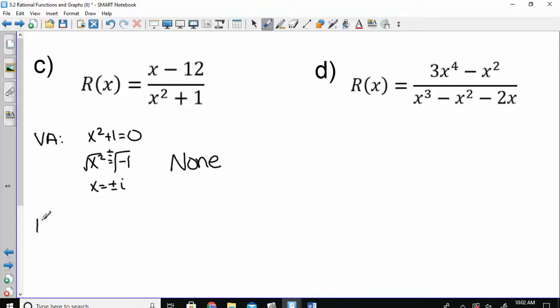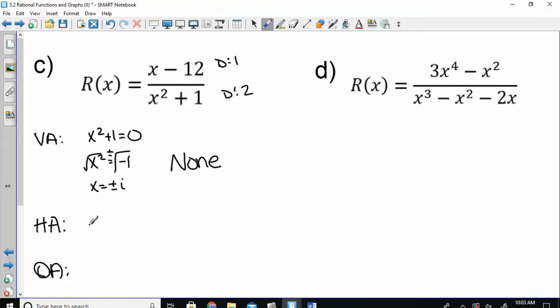All right, now we need to decide if it's a horizontal or an oblique. What's the degree of the top? 1. What's the degree of the bottom? 2. So, what's the rule? For it to be oblique, the top has to be higher.